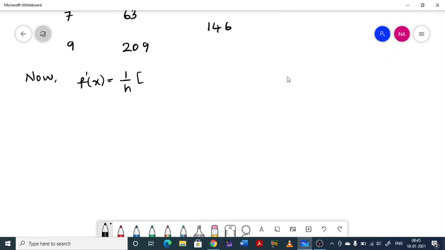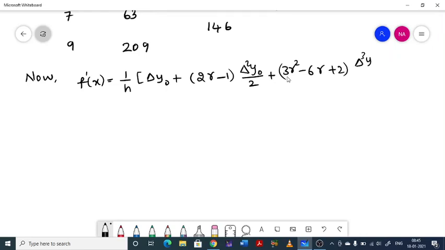So f dash of x equal to 1 by h into delta y naught plus 2r minus 1 into delta 2y naught divided by 2 plus 3r square minus 6r plus 2 into delta 3y naught divided by 6 plus and so on.